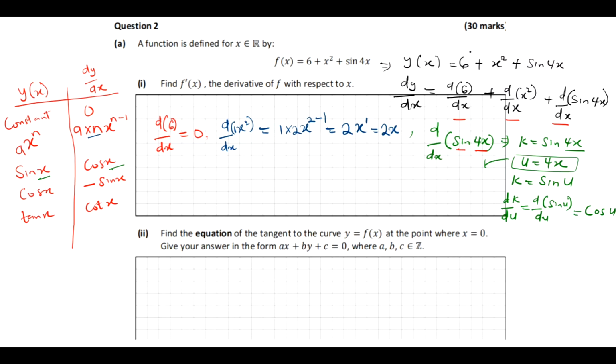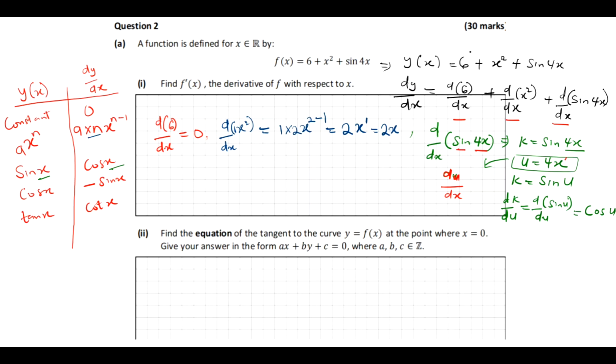So the U with respect to x, we're differentiating U with respect to x. So dU by dx is going to be what?